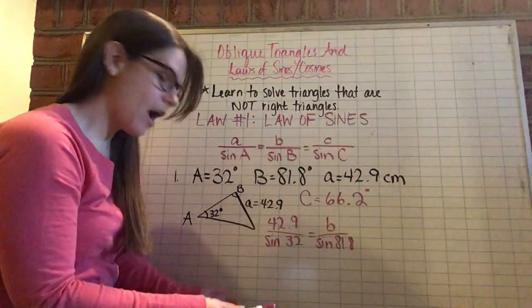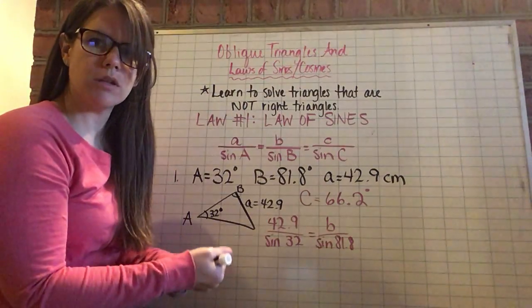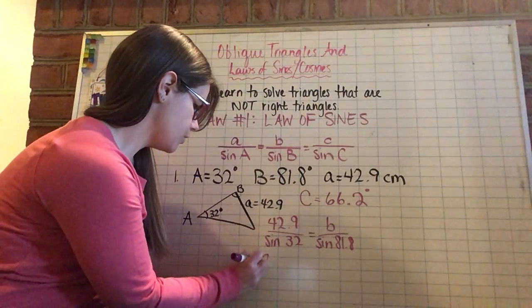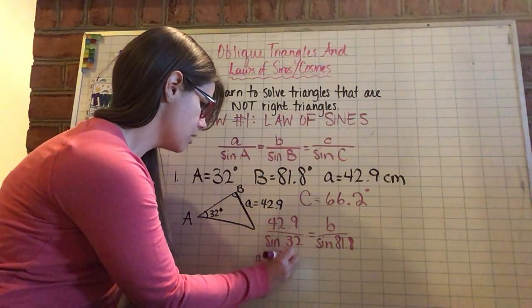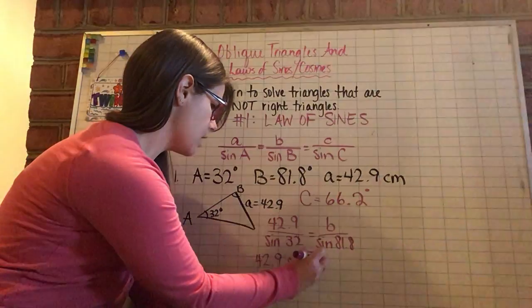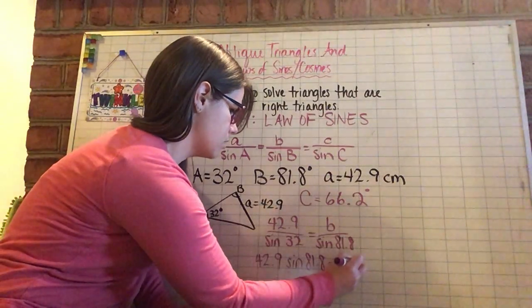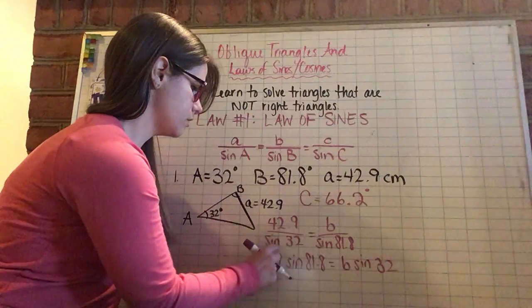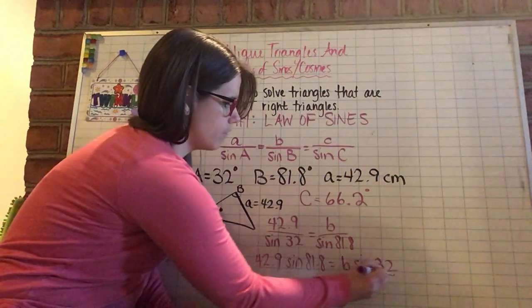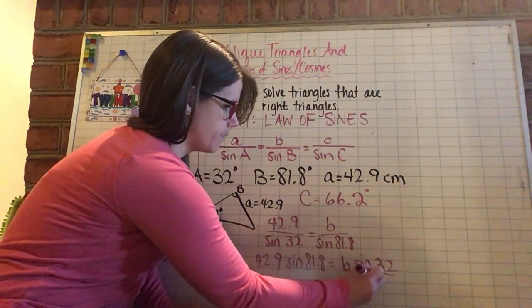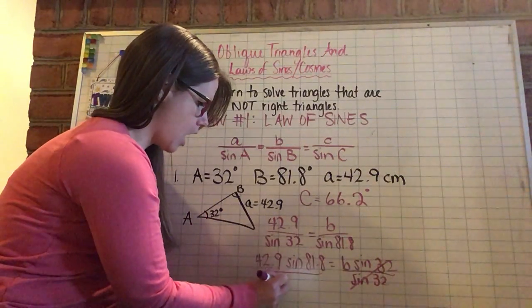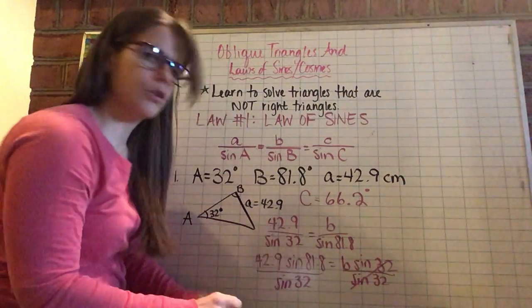When you have proportions, remember you can cross multiply. So I'm going to do 42.9 sine of 81.8 equals B sine of 32. This times this equals this times this. And then I divide both sides by sine of 32.